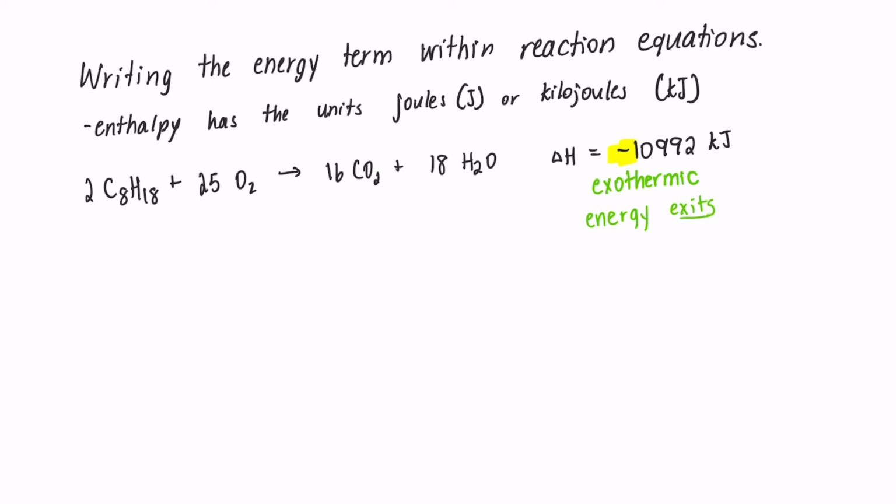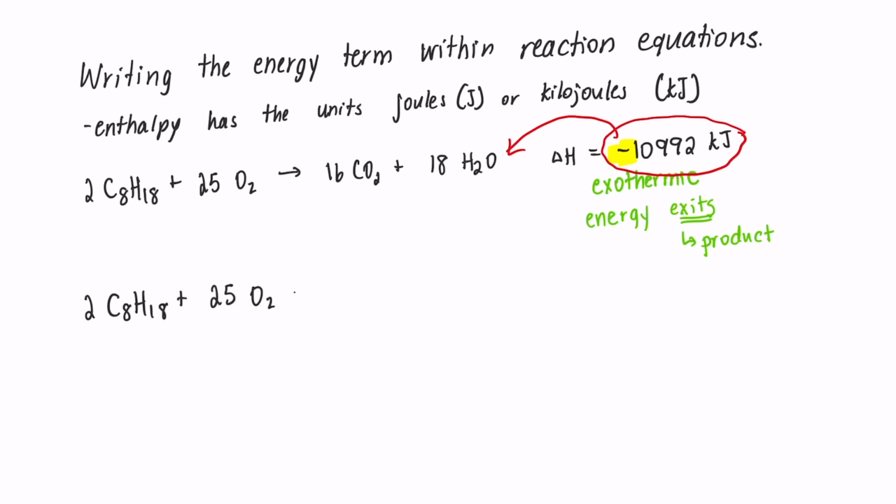Energy is exiting the system, and so it will be a product. Now we can rewrite this 10,992 kilojoules in the products. So our reaction will become 2 octanes plus 25 oxygens form 16 CO2 plus 18 waters plus 10,992 kilojoules.